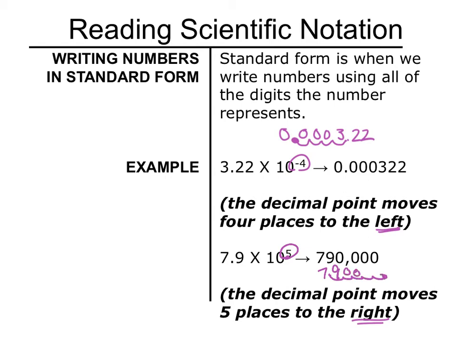And I'm going to add zeros as placeholders. I am not adding 5 zeros, however. I am moving 5 spaces. And one of those spaces was a 9. And let me just rewrite this as 790,000 and add the comma in it where it belongs.